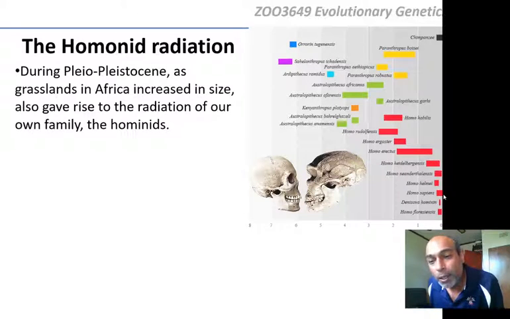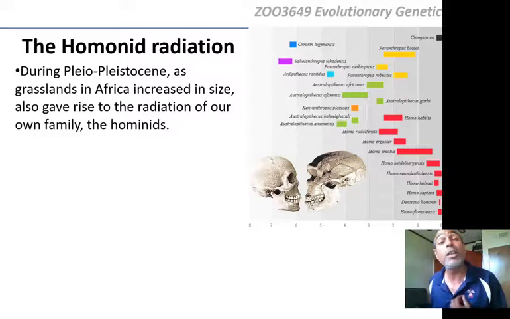So 0 here is today. And of all these, only this black line, which is the chimp, and our line, Homo sapiens, meets 0. All the others, some come close to 0, but none of them make it to the present. They all have gone extinct.